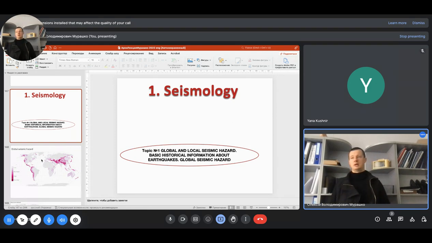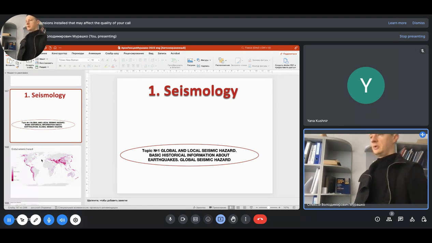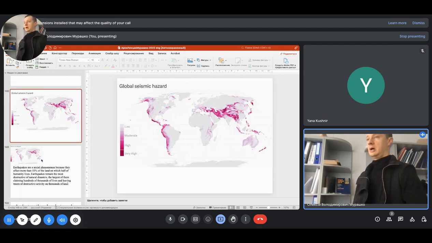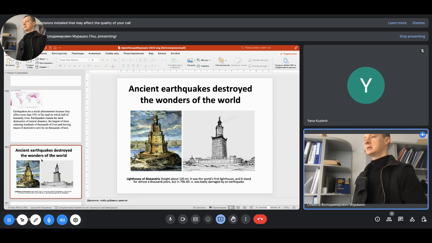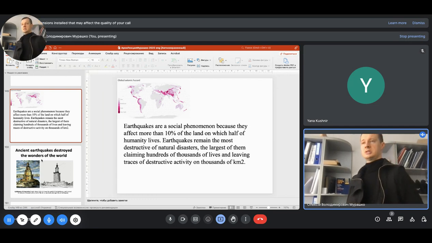There is global seismic hazard for the whole world, and later we will consider our local Ukrainian seismic hazard. When we analyze the whole territory of our planet, we have to admit that only 10% of our surface is located in earthquake hazardous territories. But on those 10% of territories lives more than 50% of our population.